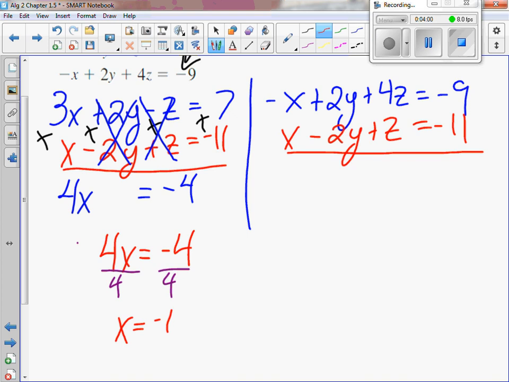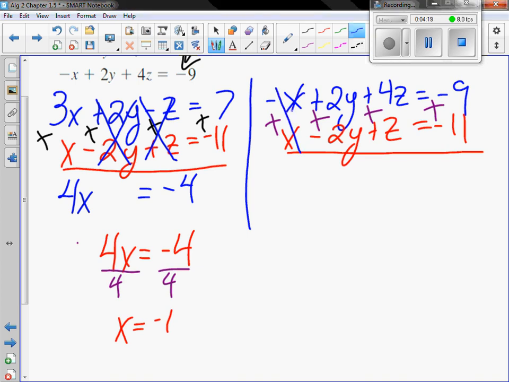So let's go over here and see what happens on this side. Here, the signs in front of y are opposite, so we would add again. So negative x plus x is 0.